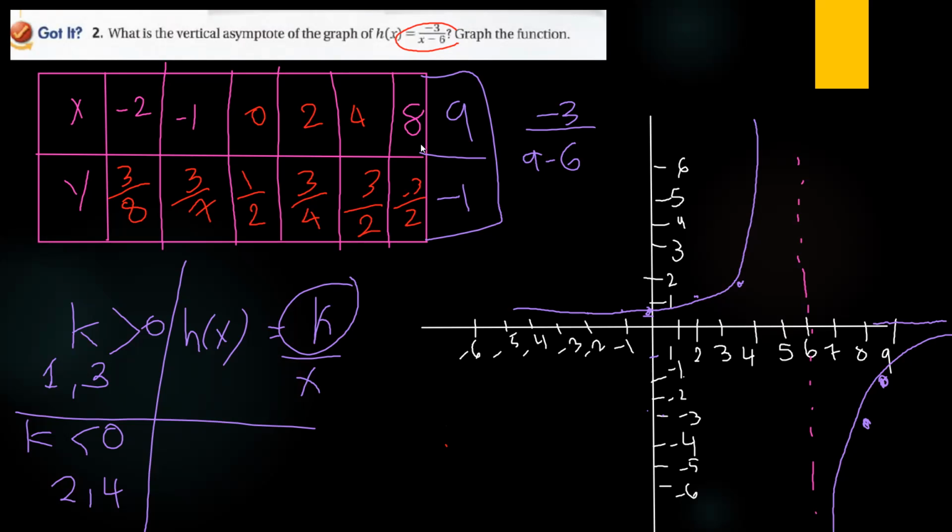So from the function, we can guess that my curves will be in the second and the fourth quadrant, and my asymptote at x equals 6. If I know this information, I just need to plot many points to graph my curve. Is it clear, grade 8? Yes, miss.